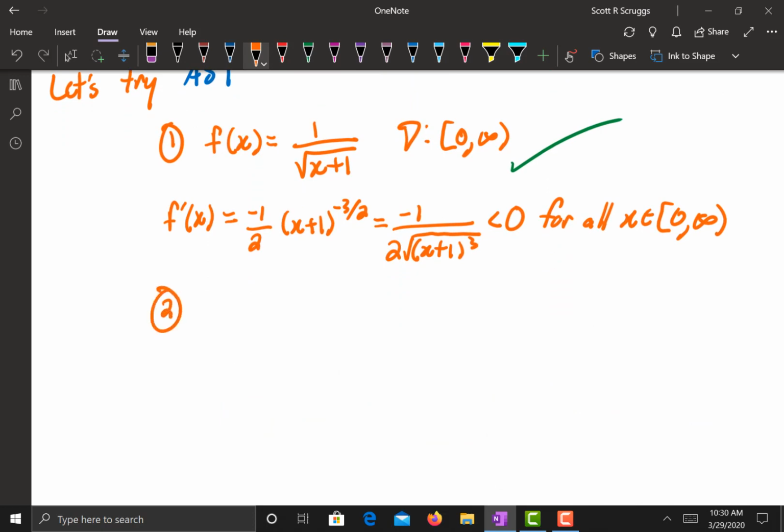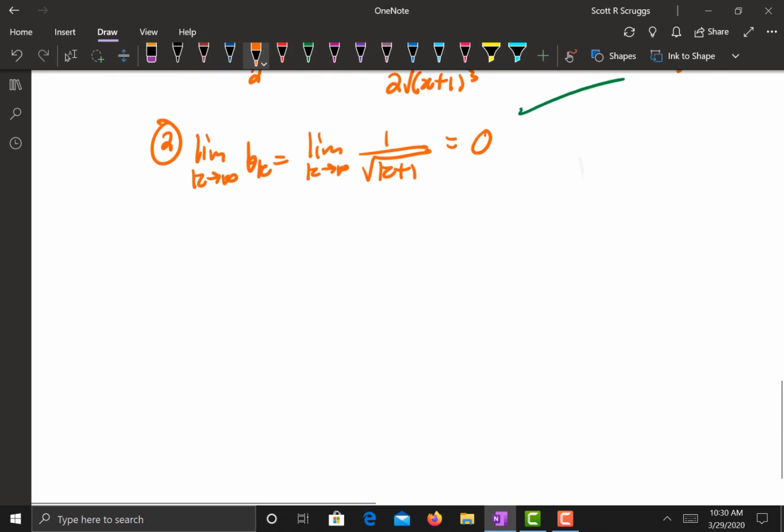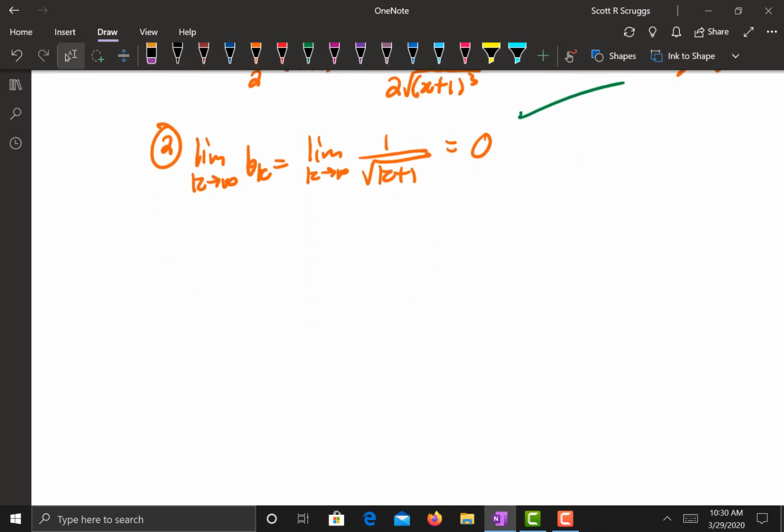Second condition, take the limit as k goes to infinity of b of k, which is the limit as k goes to infinity of 1 over the square root of k plus 1. And because k is in my denominator and there's nothing in the numerator to overpower it, that thing's going to 0. So the second condition for the alternating series test is now satisfied.